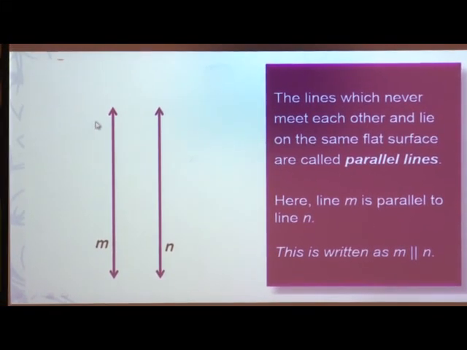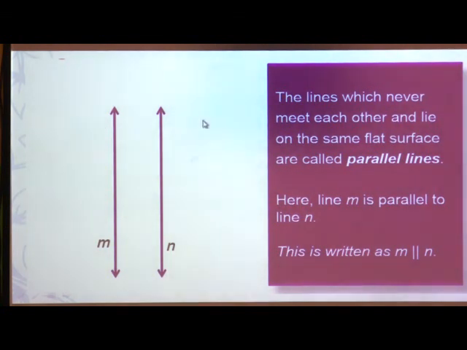So, when these lines are extended from both the sides, the lines should never meet each other, and if the lines are not meeting, then we can say the lines are parallel lines.